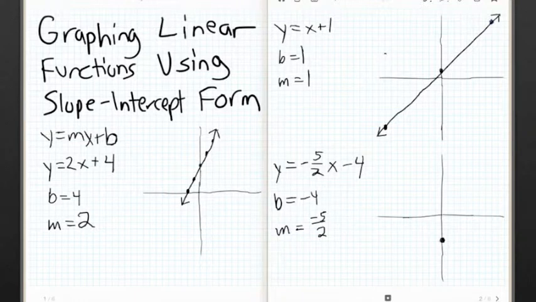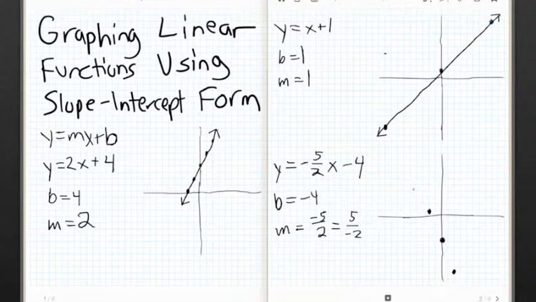If y changes by negative 5, we go down 5, and then x changes by 2, so we go there. Or if we want to go the other direction, y changes by 5 and x changes by negative 2. So we're going to go right there.